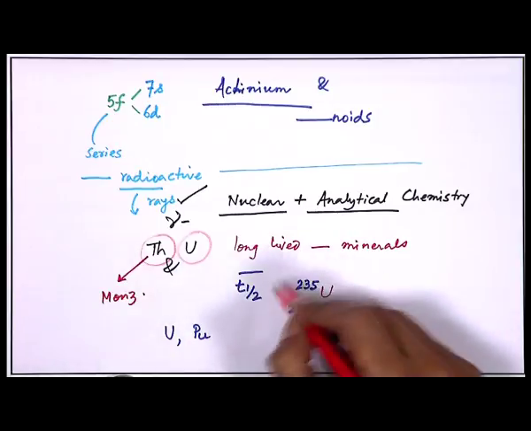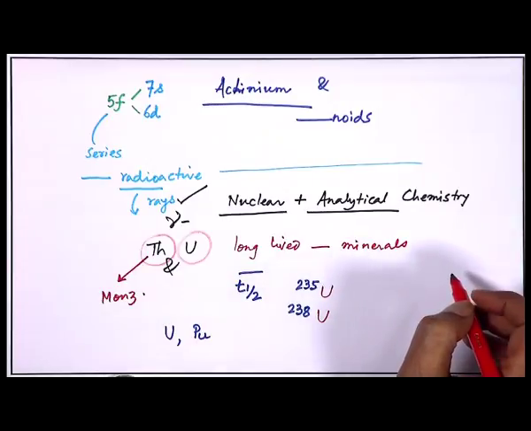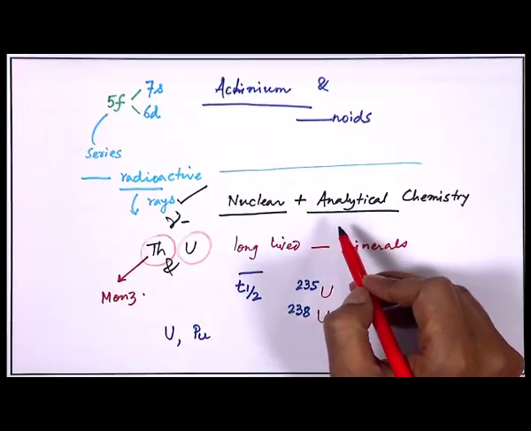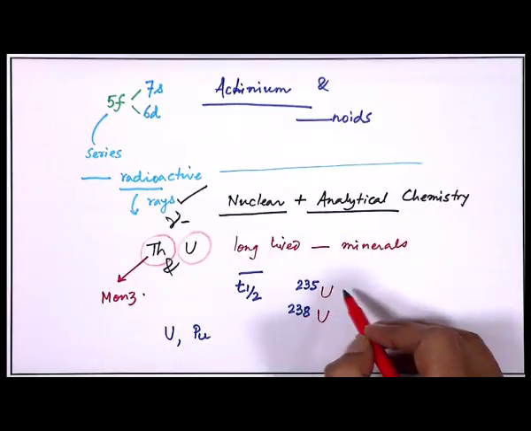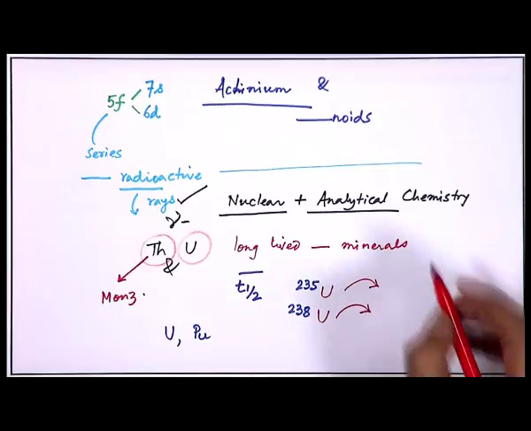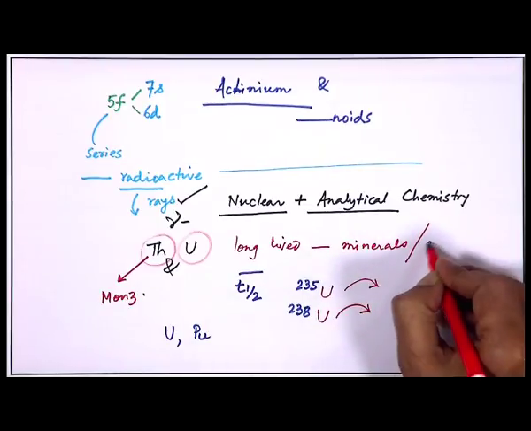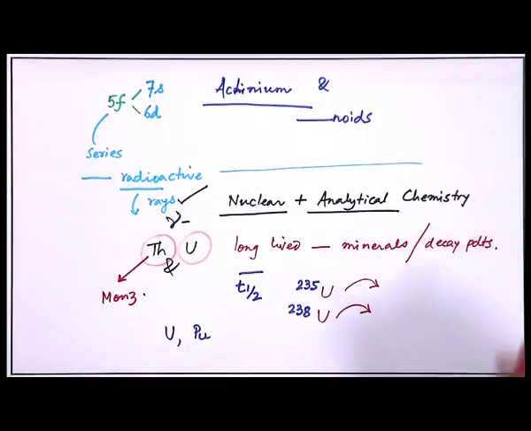This particular T-half value will also tell us that after some time they will go down. That means, in the nuclear chemistry chapter we also know that they can go to their corresponding decay products. So, within the minerals we can also have some decay products within this particular mineral.